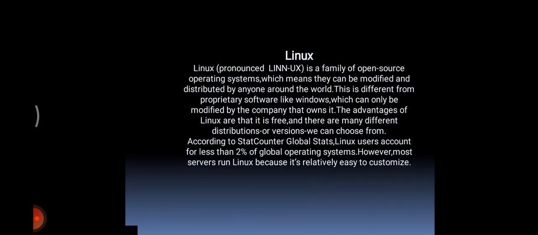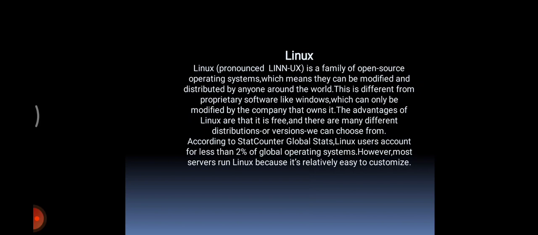The third is Linux. Linux, pronounced Linux, is a family of open source operating systems, which means they can be modified and distributed by anyone around the world. This is different from proprietary software like Windows, which can only be modified by the company that owns it.